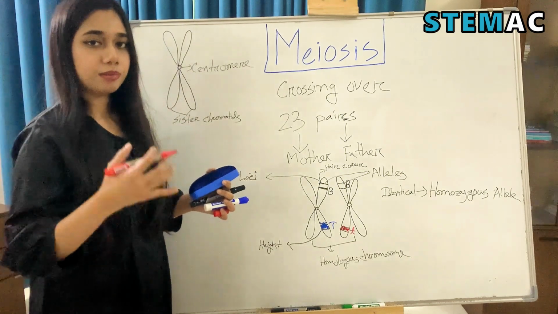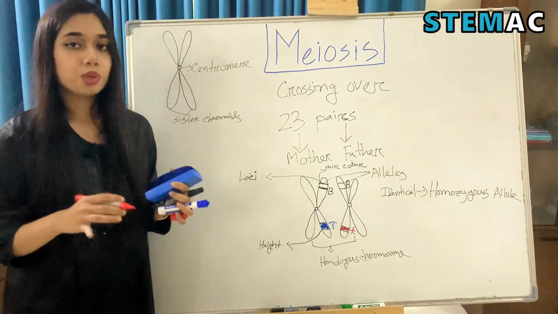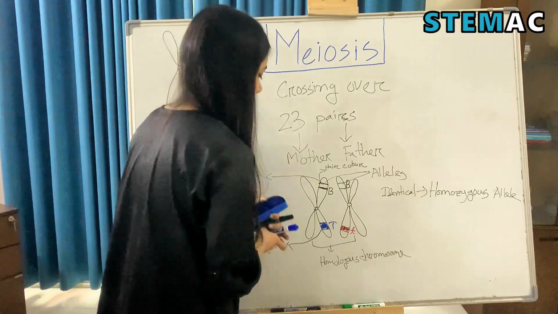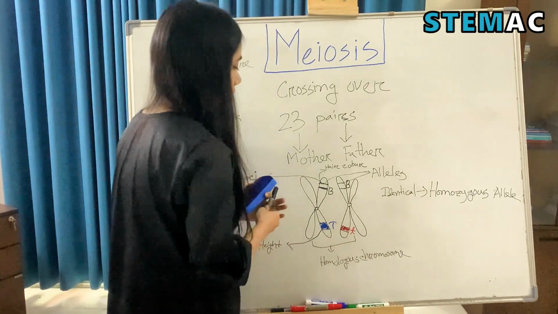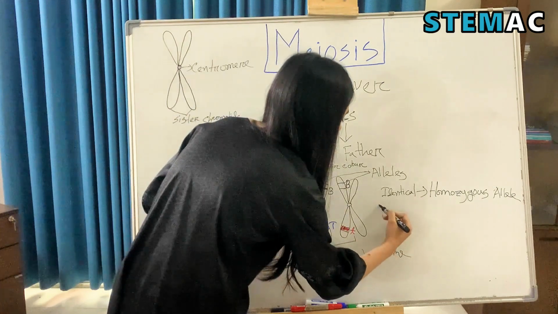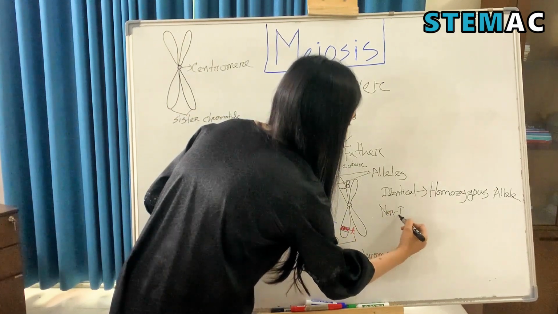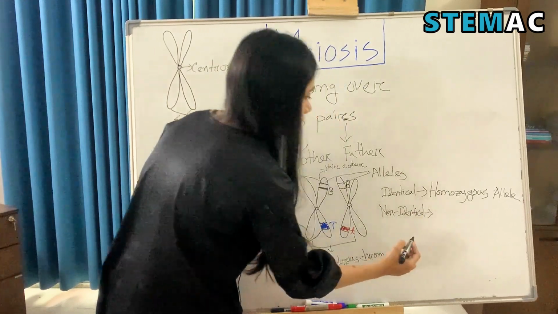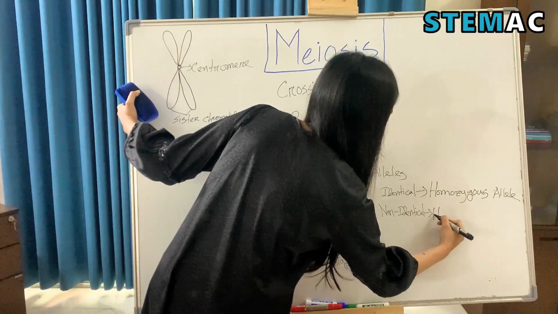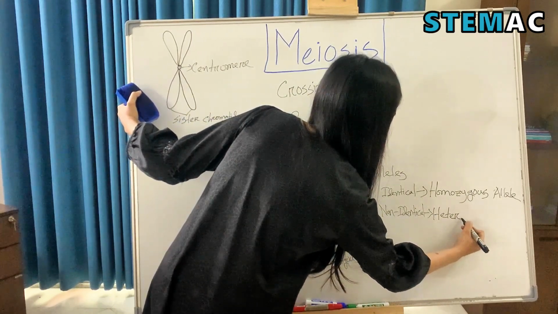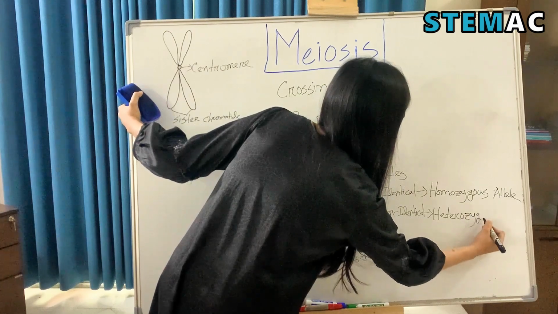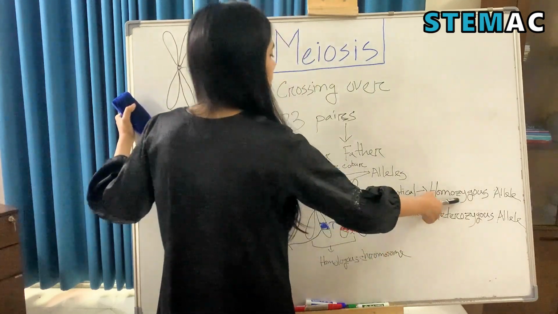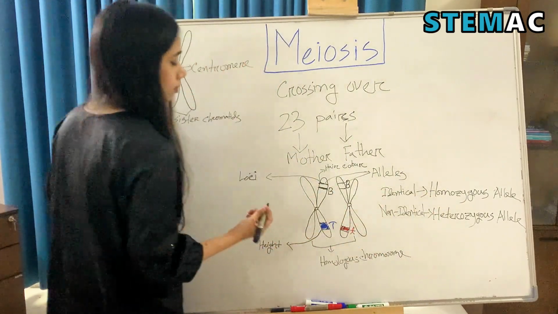When two alleles of a particular gene are not identical, we call them heterozygous alleles. So homo means the same and hetero means different.